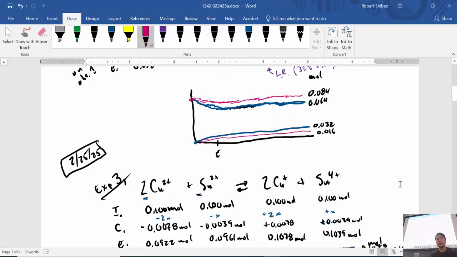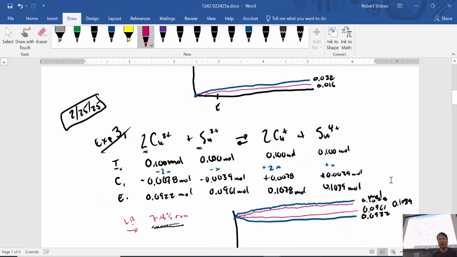Well, we'll just do the last one to see if we get anything. And so 0.1078 times 0.1039 divided by 0.0922 divided by 0.0961, 1.264.